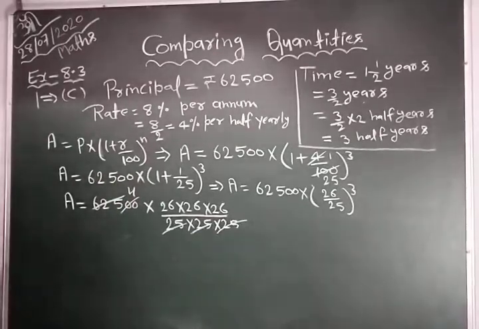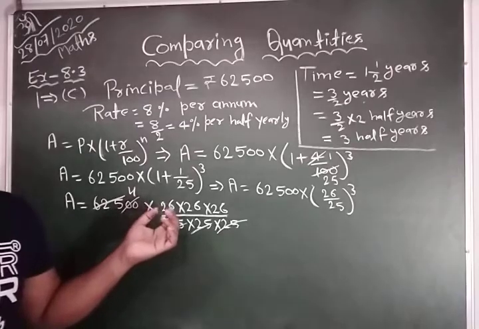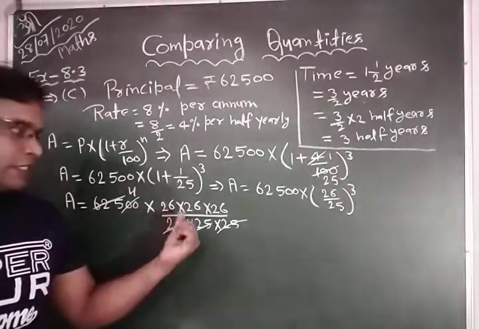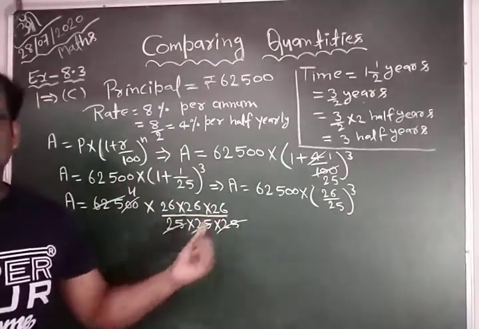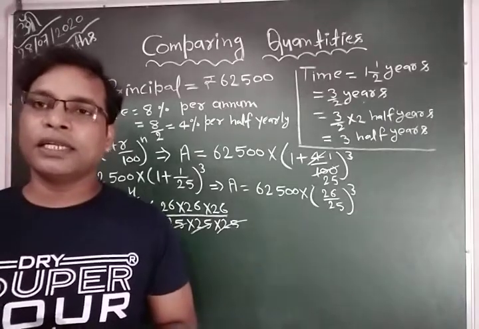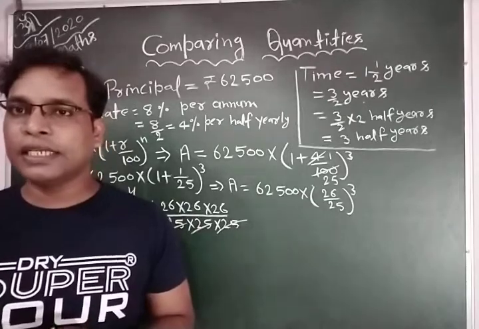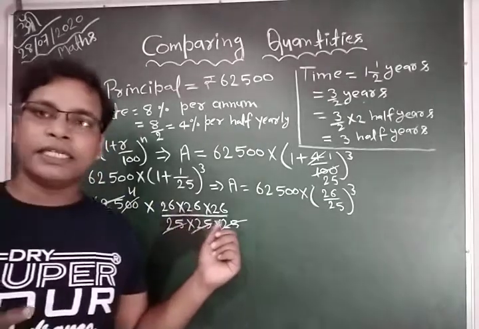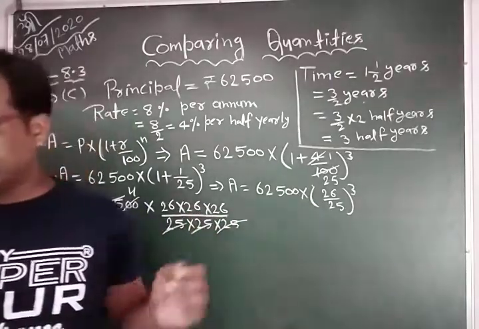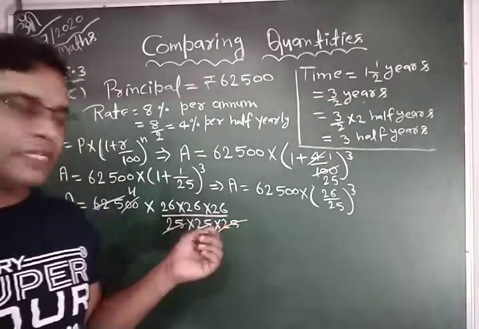Clear? Now here we have 4 into 26 into 26 into 26. 26 into 26 becomes 676. Then 676 into 26 is equal to 17,576.